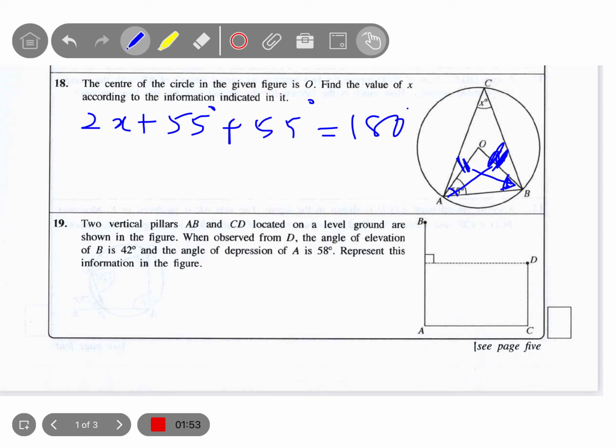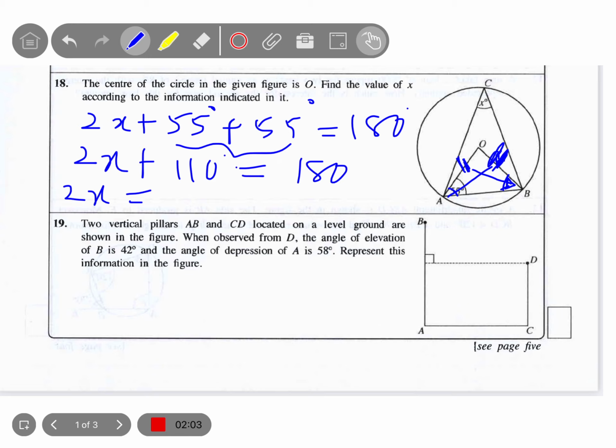Then we know 2x, 55 and 55, if you add up, that is 110. It's 180. Then 2x is, you take the other side, 180 minus 110, which is 70. And that means x is equal to 35 degrees, right?